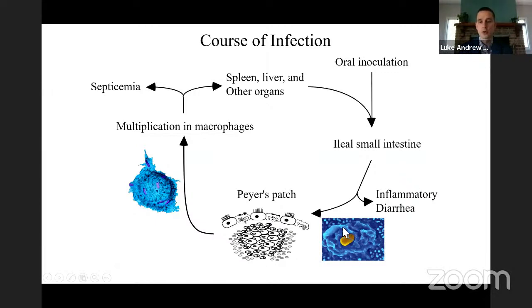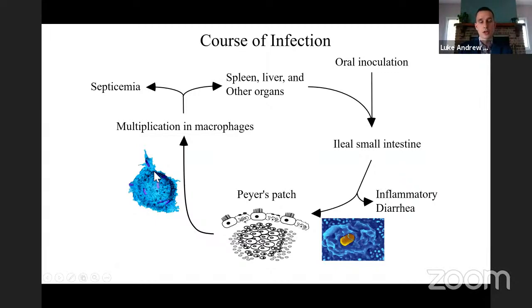This results in membrane ruffling and uptake of the bacteria, and the immune response to this infection causes the typical inflammatory diarrhea symptoms we associate with Salmonella infection. Now, after breaching this gut epithelial barrier, Salmonella encounters the underlying immune cells. These include macrophages and neutrophils, which can take up Salmonella via phagocytosis.